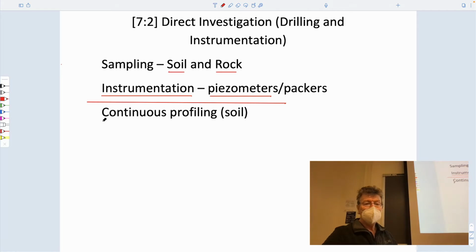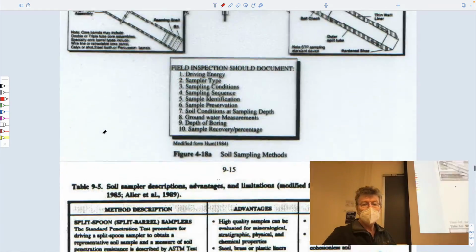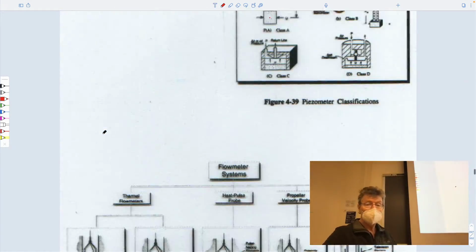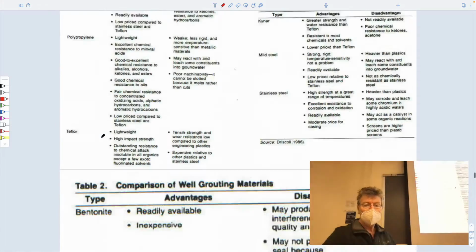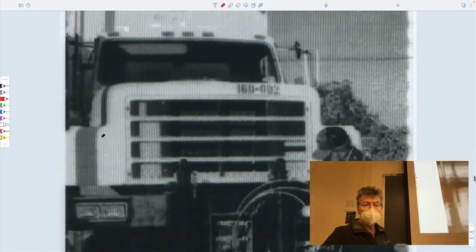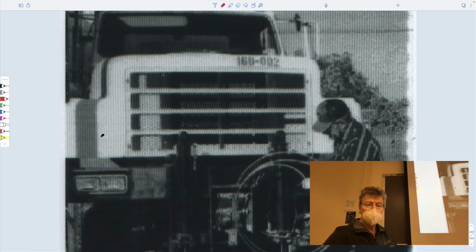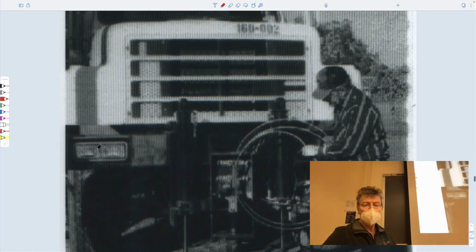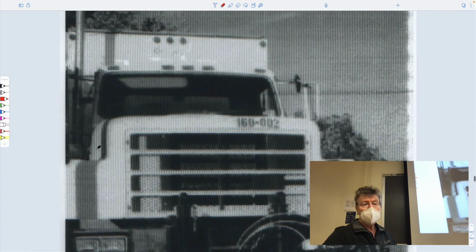And so the other opportunity we have, instead of being able to drill, is to physically push something directly into the ground and to measure its resistance to being pushed into the ground, and maybe also measure a couple of other things. So these kinds of rigs, not a very good picture here, we'll look at them in more detail. They come inside a truck.